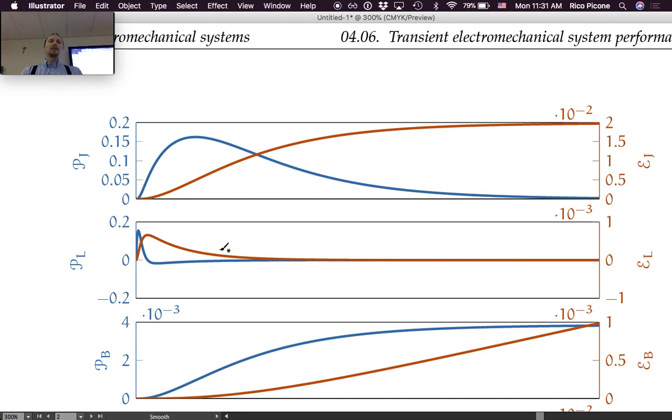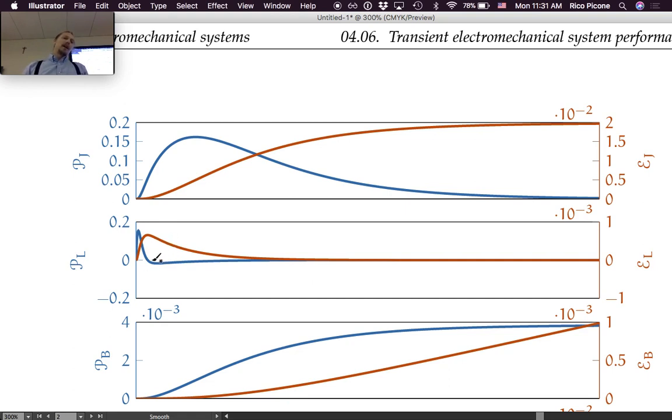The inductor does something interesting. So at the end, the flywheel is spinning, so it has all of its energy that it got. That's the steady state. But for the inductor, it gets charged up at the beginning. So the power flows in, this thing gets charged up, but then it actually returns its power to the circuit.